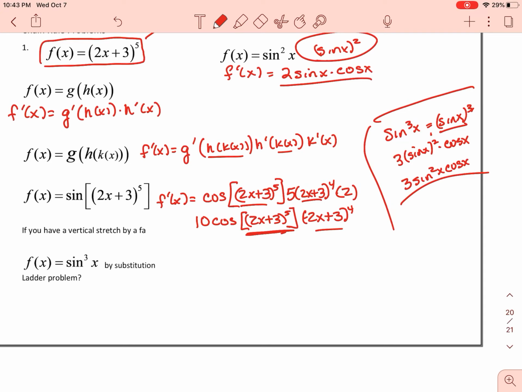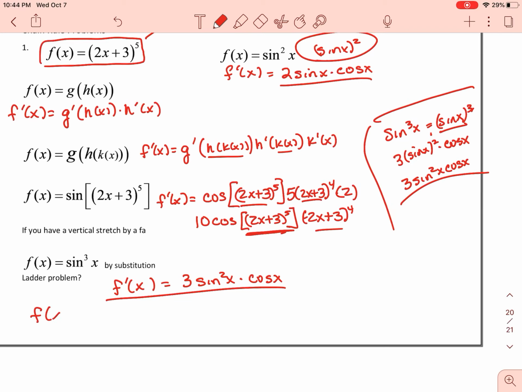All right, so next we have f of x equals the sine cubed of x by substitution. I'm not sure what they want there. I'm just going to take the derivative. f prime of x is going to be 3 sine squared x times cosine x.